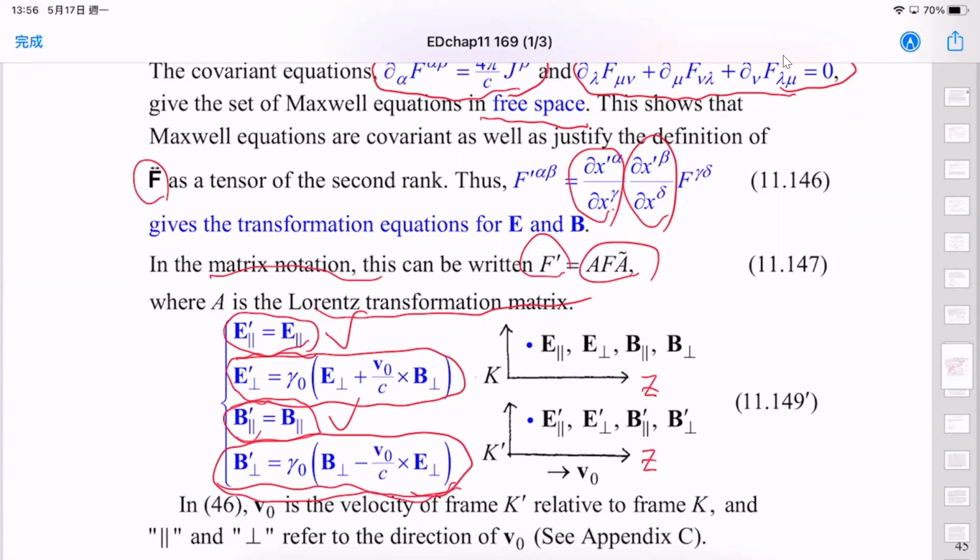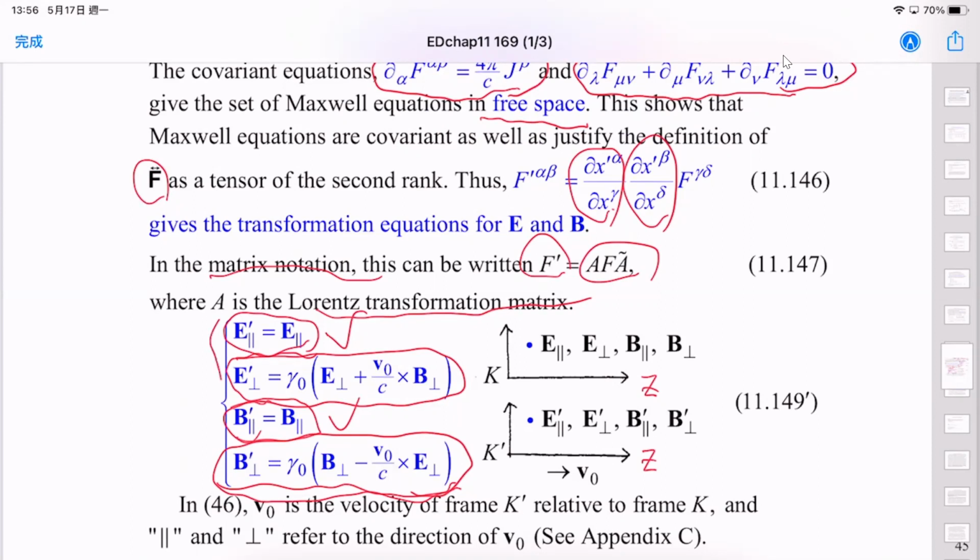I just assume you have studied Griffiths before, because Griffiths has derived this equation using the Lorentz transformation, using length contraction easily, using a solenoid, using a parallel plate, using the idea of conservation of charge.